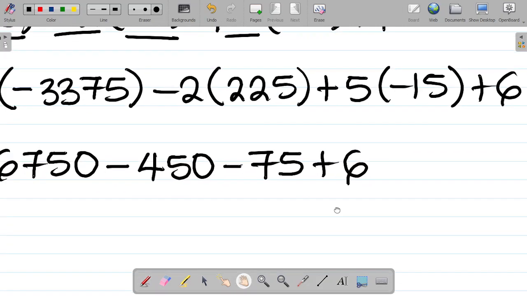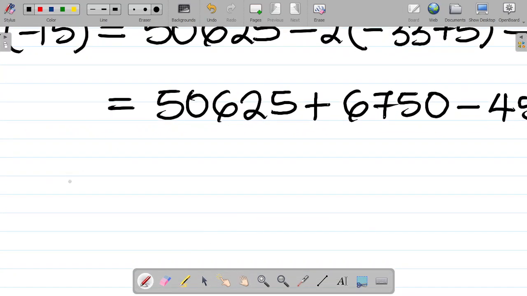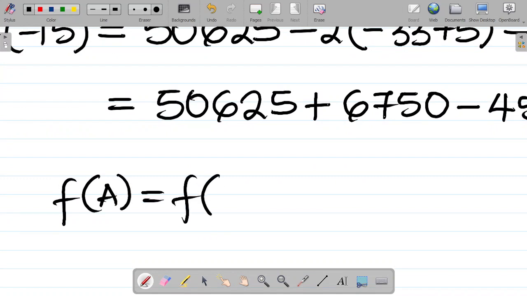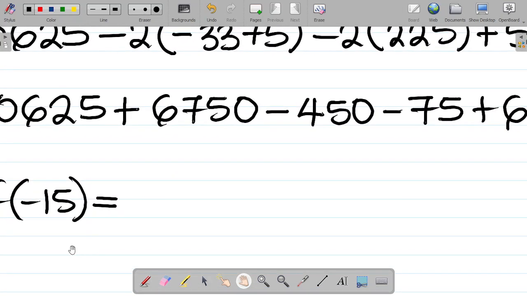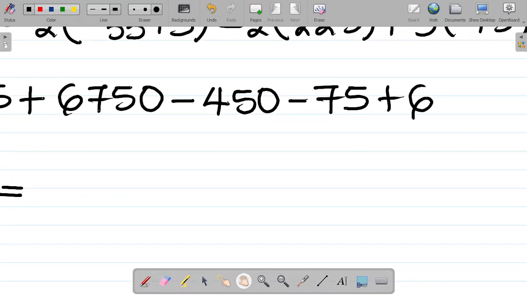So you have this. All right, so that means from here, f of a, which is equal to f of minus 15, it's equal to, let's type in the answer, 50625, this plus 6750 plus what next, or minus 450, and then minus 75, then plus 6.